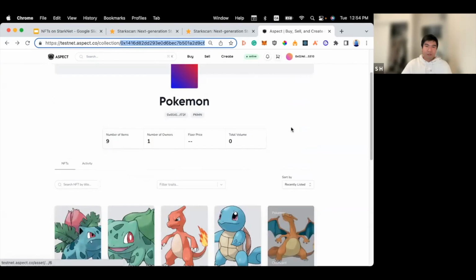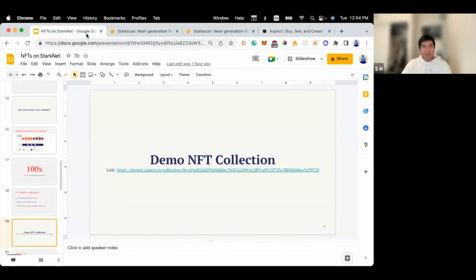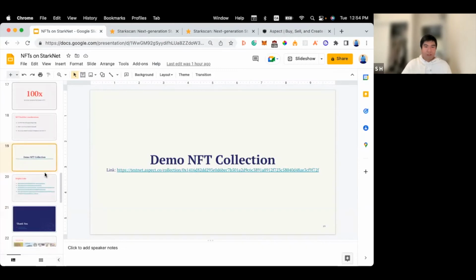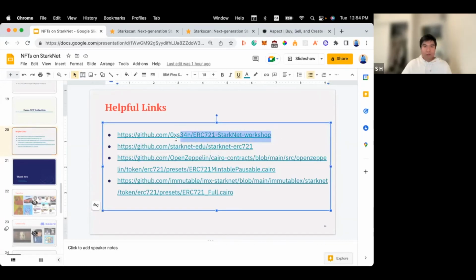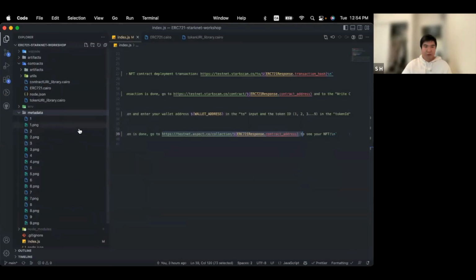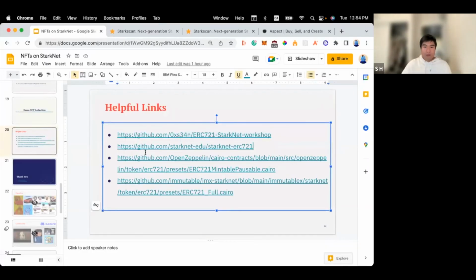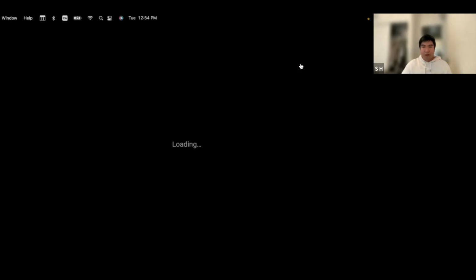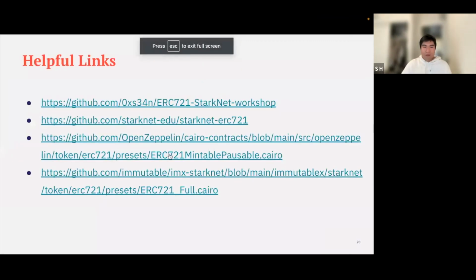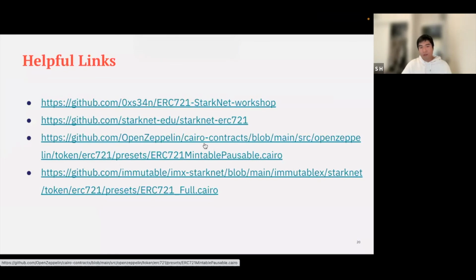So that's a demo of an NFT collection on StarkNet. And here are some really helpful links. This is the link to the workshop, which is the source code here. Other helpful things are what's available on the StarkNet edu site, and the Open Zeppelin standards for ERC 721 contracts.